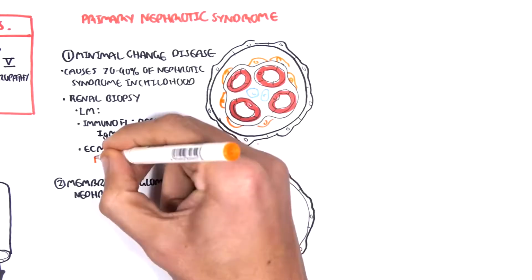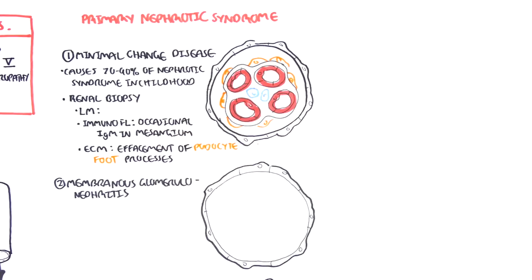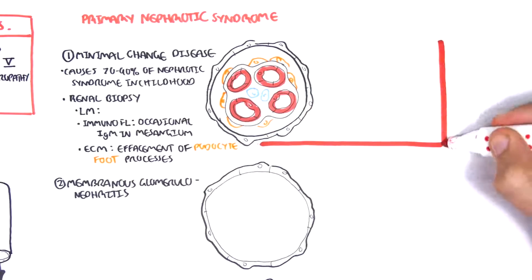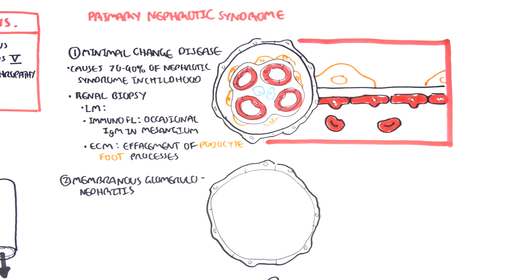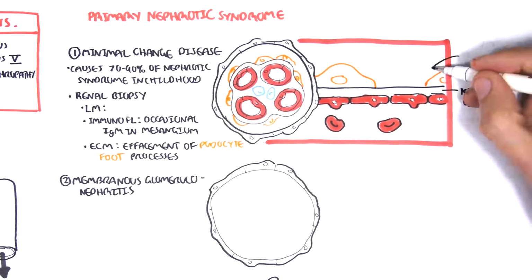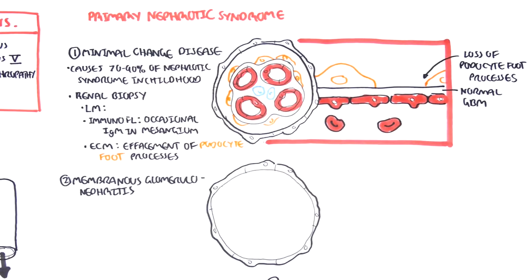Electron microscopy shows effacement of podocyte foot processes. So here we have the capillary vessel, the glomerular basement membrane, and the podocyte effacement, and you can see loss of foot projections. The loss of foot projections allows protein from the glomerulus to be filtered through and enter the Bowman's capsule and into the tubule.